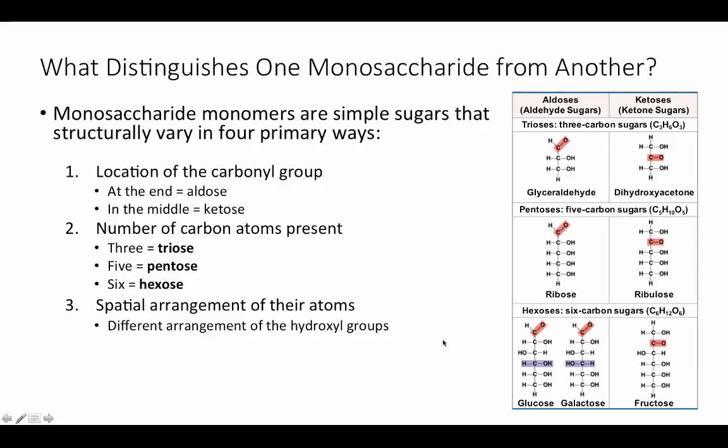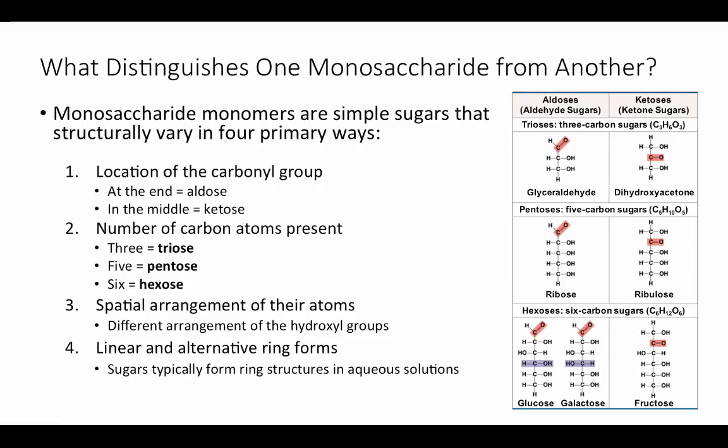We'll see a lot more about that as we go along. And they can come in either linear and ring forms. Typically in aqueous solution, which is how you would find them in an organism, it's going to be in water. So we generally think of these sugars as occurring in rings for the purposes of biology.